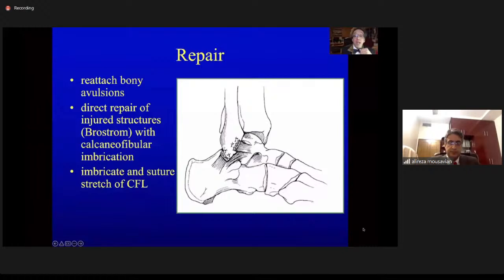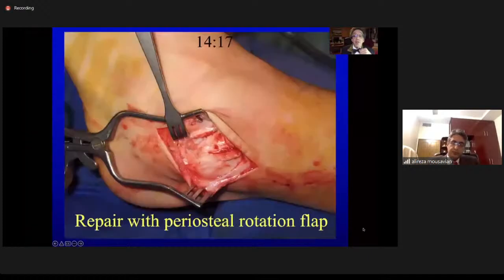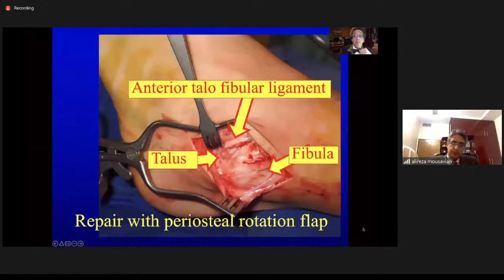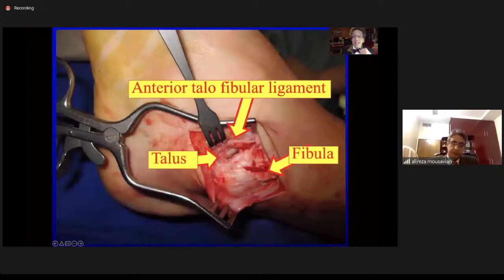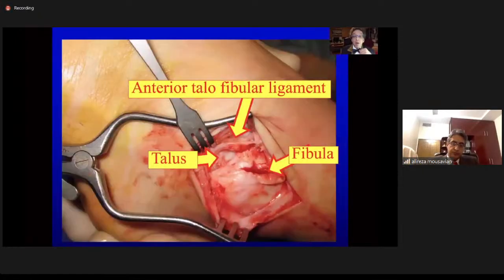Now, when I do my standard Brostrom procedure, I'm augmenting it with a periosteal rotational flap. And so this is how I do that technique. I'm going to elevate this periosteal flap, and you'll see I'm peeling it off here.